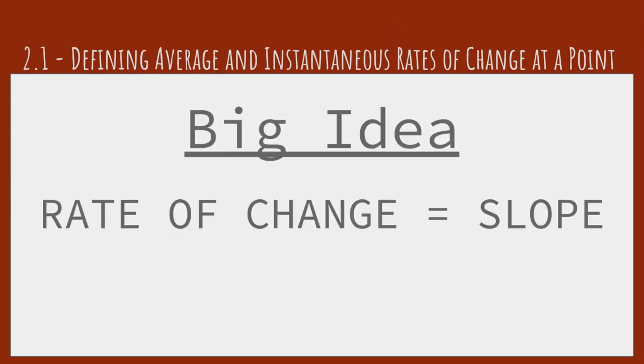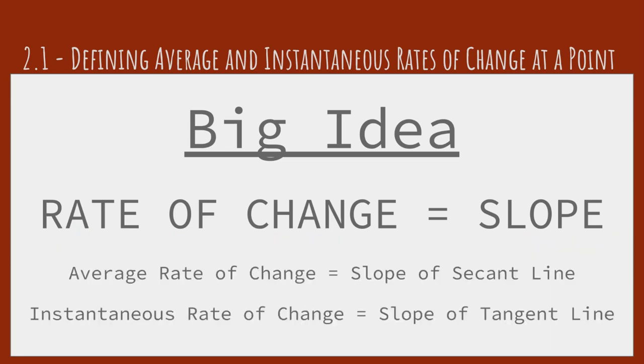So the big idea here is that rate of change in the context of a problem and an application of calculus is going to be slope. It's going to be represented by slope in a coordinate plane. More specifically, an average rate of change is going to be the slope of a secant line. So average rate of change is a rate of change over some time interval. So remember, secant line is a line through 2 points.